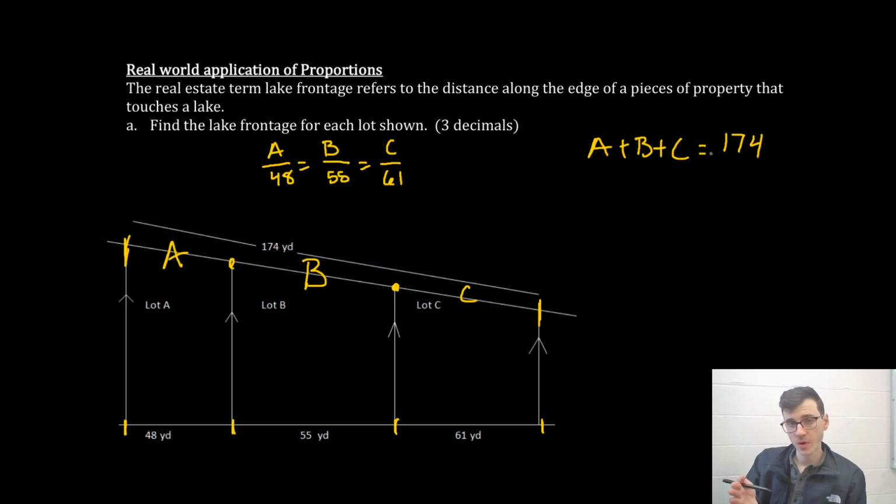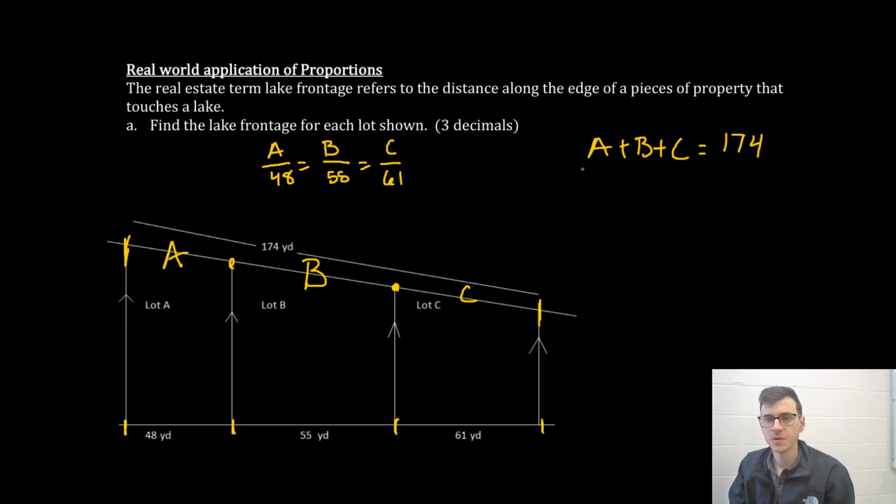And if you remember, when we talk about ratio of perimeters or proportions, A plus B plus C over 48 plus 55 plus 61, that's the same proportion as all these other things.